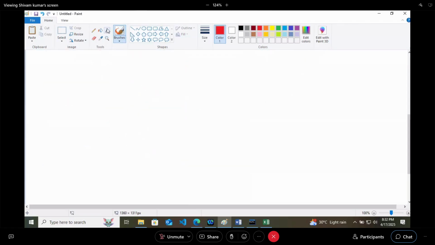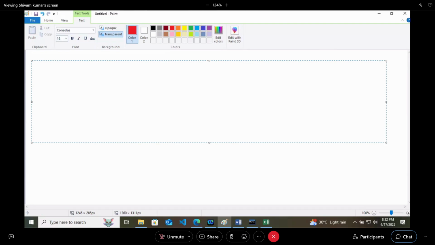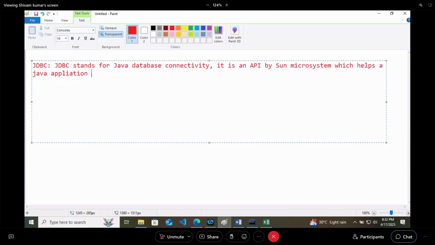Now, what is the definition of JDBC that we got today? JDBC stands for Java Database Connectivity. It is an API by Sun Microsystems, which helps a Java application to communicate with any kind of database.